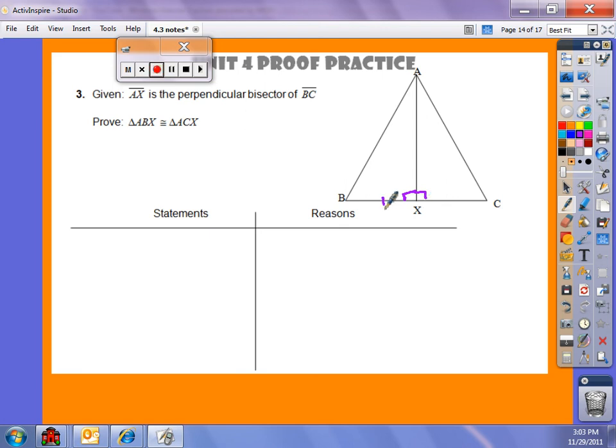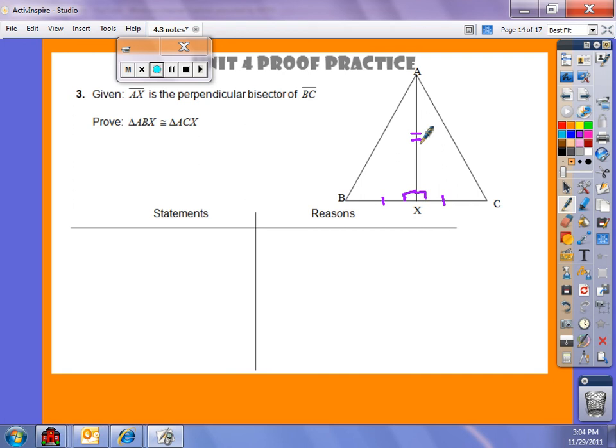And I also know that it's a bisector. So this segment, BC, was cut in half by X. That also gives me two segments that are congruent. So right now, I have an angle and a side. And I need either an angle, angle, side, angle, or maybe I need another side. The other one that's easy to find is, again, this reflexive property. This AX is shared by both of those triangles.